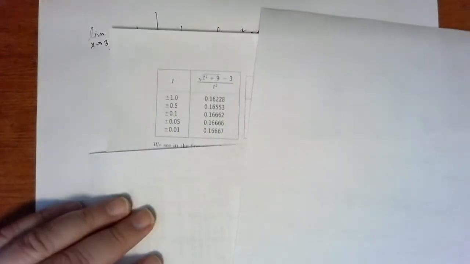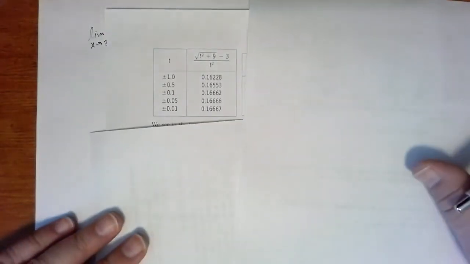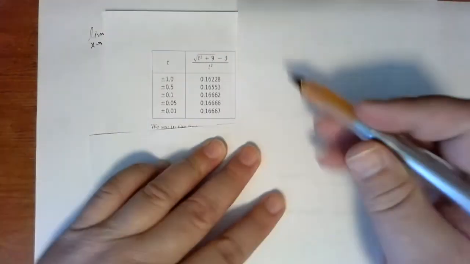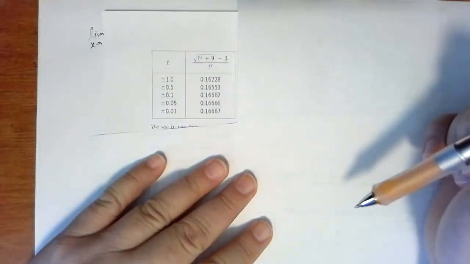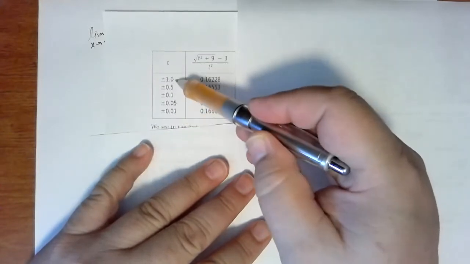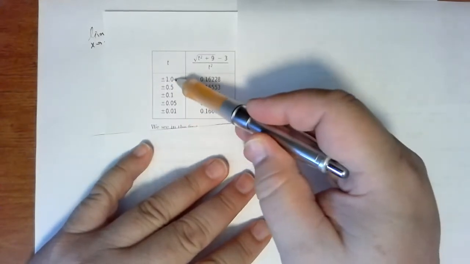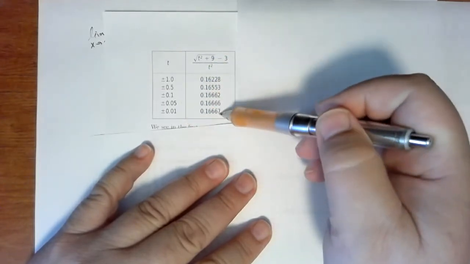So suppose that I'm taking a look at this function, the square root of t squared plus 9 minus 3, over t squared. And I'm asking myself, what happens as t goes to 0? You can see here, this is kind of a shortcut. We're taking t at both the positive side and the negative side, and we're computing some numbers.